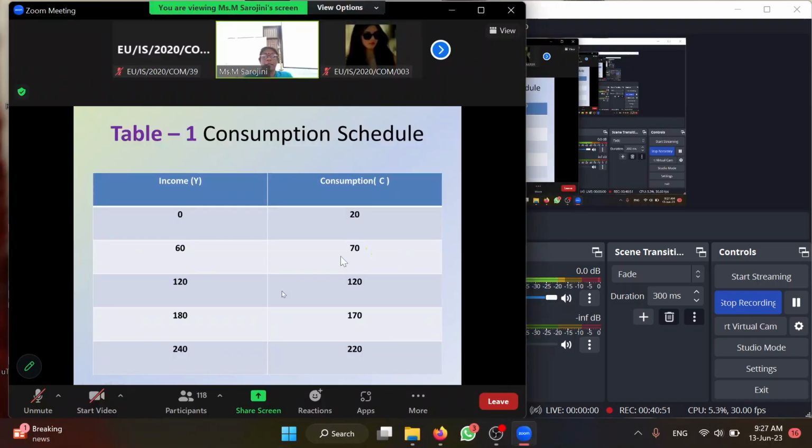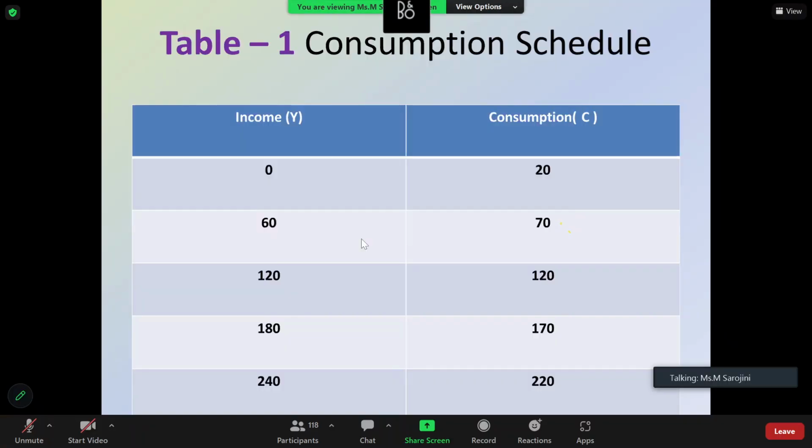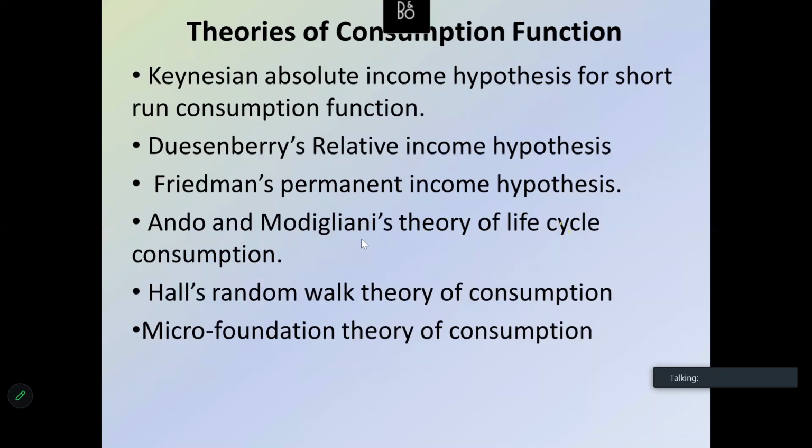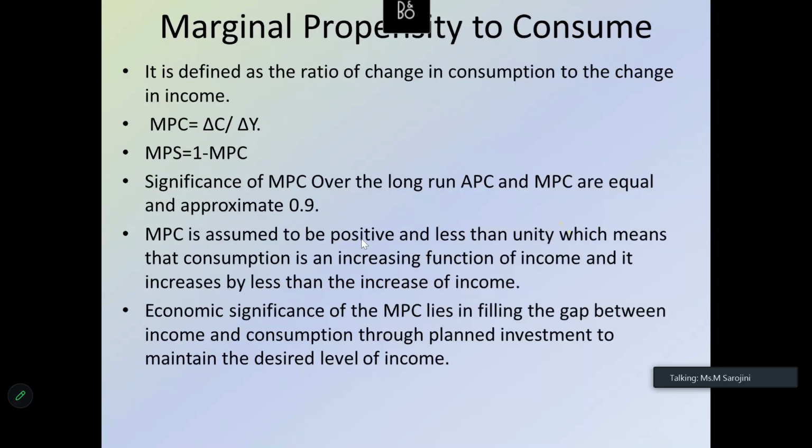That means once the income increases, consumption also increases, but consumption increases less than income increases. The economic significance of the MPC lies in filling the gap between income and consumption through planned investment to maintain the desired level of income.